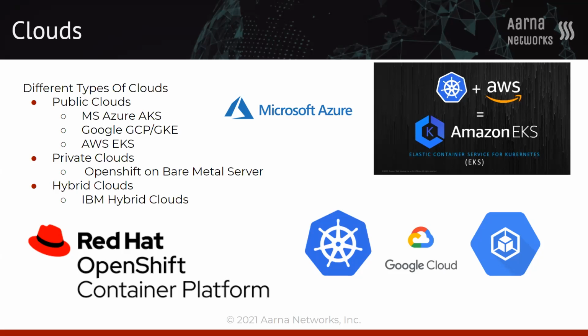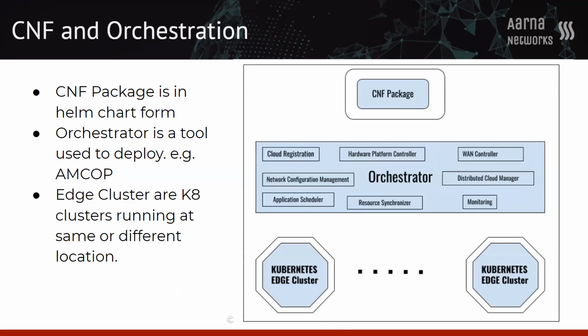Moving on to the next slide. What is CNF orchestration? I'm just giving a high level overview of the idea of orchestration. Typically we have these CNF packages. These are telecom domain network functions, which contain the logic for routing and different functionalities provided by the telecom operator.